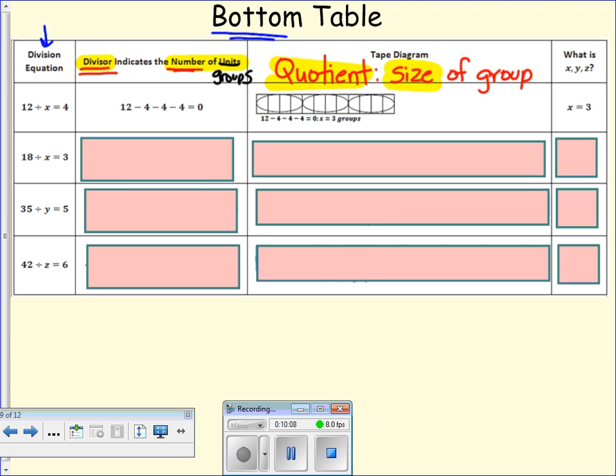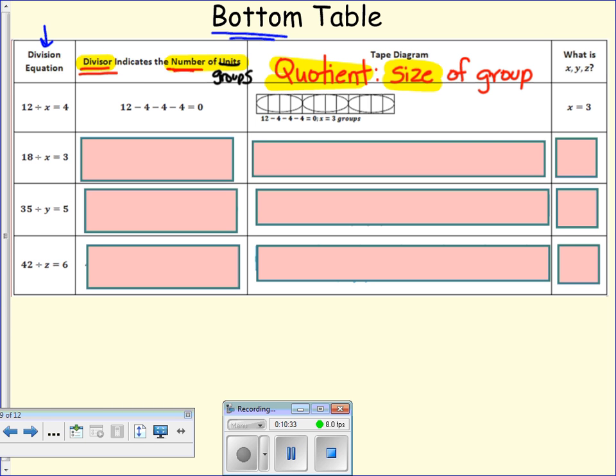Okay, so 12, our dividend, is still our quantity. So our tape diagram still has 12 boxes in it. But this time, our x is the number of groups. Do I know what x is? No. So I don't know how many groups to make. So 4, my quotient, is telling me the size of the group.